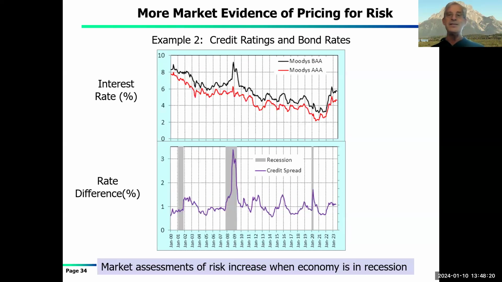Here's another one. I pulled out Moody's BAA, which are higher credit risk than the Moody's AAA, just to show you how much these things can move. The rate difference in this particular case, just between two different ratings of muni bonds, look at that difference.